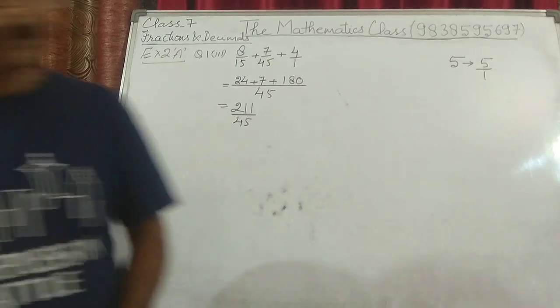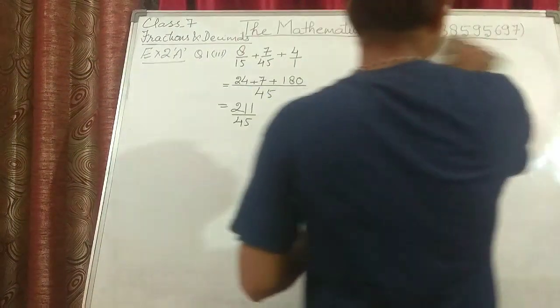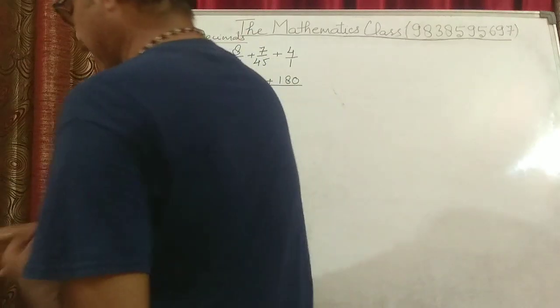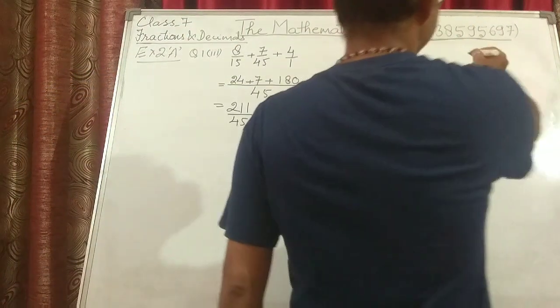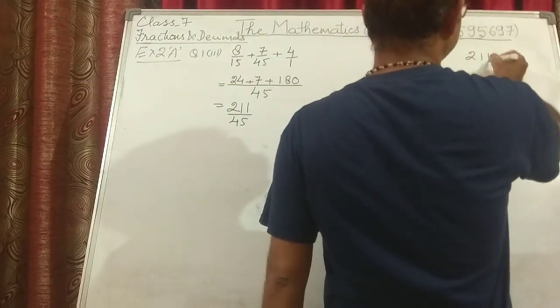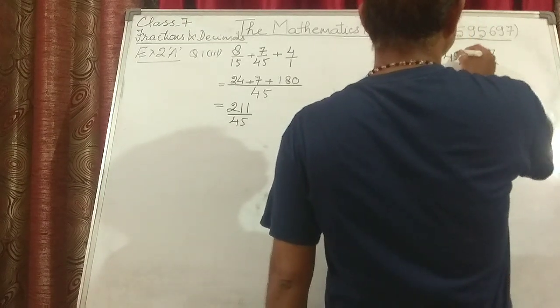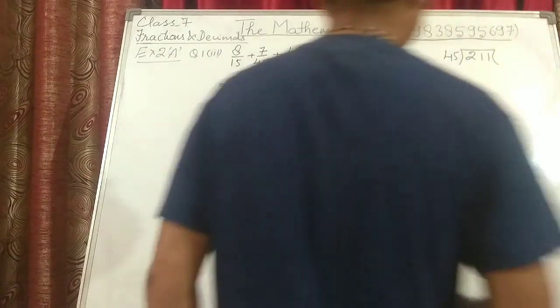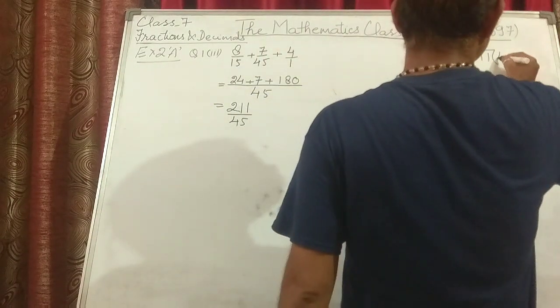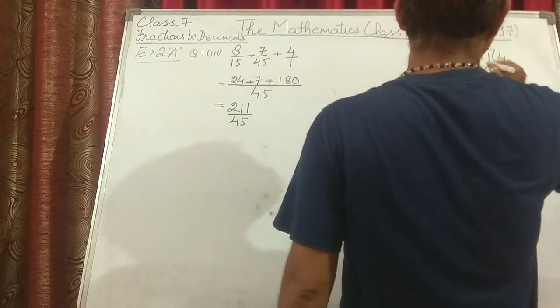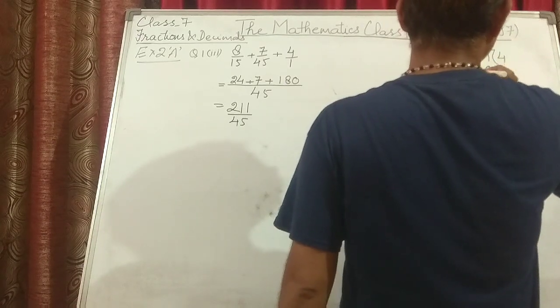So what will we do? We will convert this into a mixed fraction. It means 211 needs to be divided by 45. So 45 fours are 180.